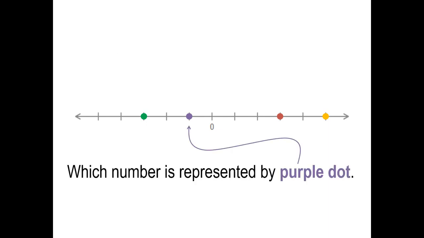Which number is represented by this purple dot? Well, you must have answered this very easily. First, you have seen that this is on the left side of 0, so it should be a negative number. And this is one step away from 0, so this is negative 1. So this is how a number line works.